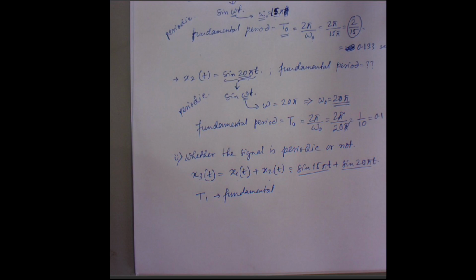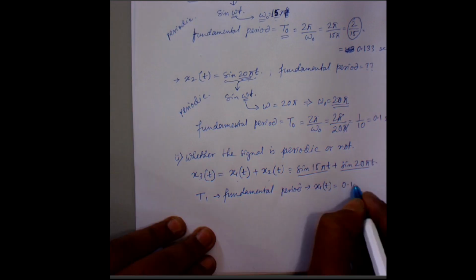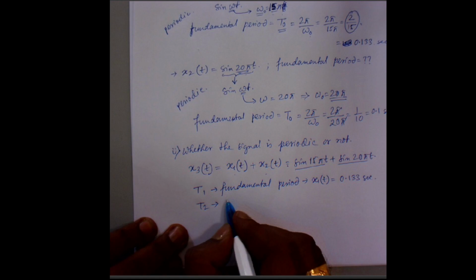Okay, so T1 be the fundamental period of x1(t), which is 0.133 second, as we already solved this question, and T2 is the fundamental period of x2(t), that is also 0.1 second.